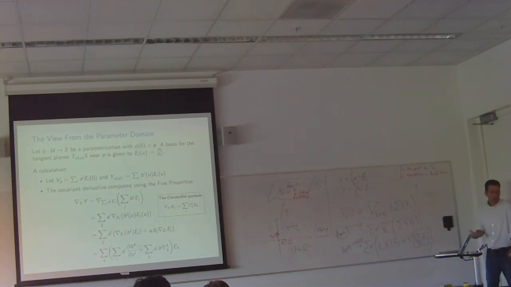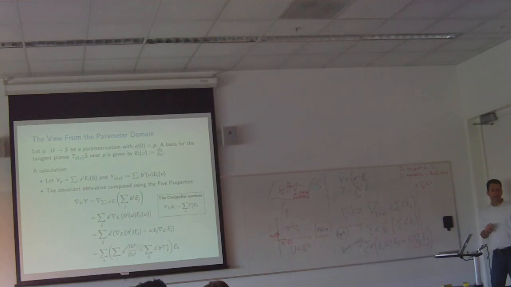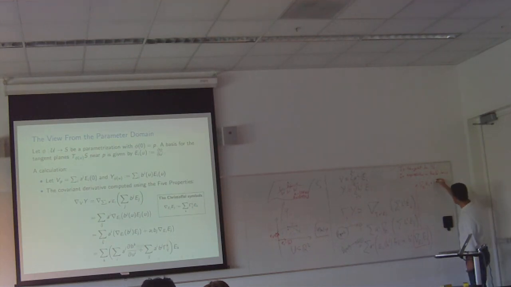Because it's tangent, I know I can express it in terms of that basis. So therefore I have some expression, even though I don't know what it is yet, which looks like this: this vector here is a linear combination of the basis elements. And the coefficients of that linear combination are the so-called Christoffel symbols.